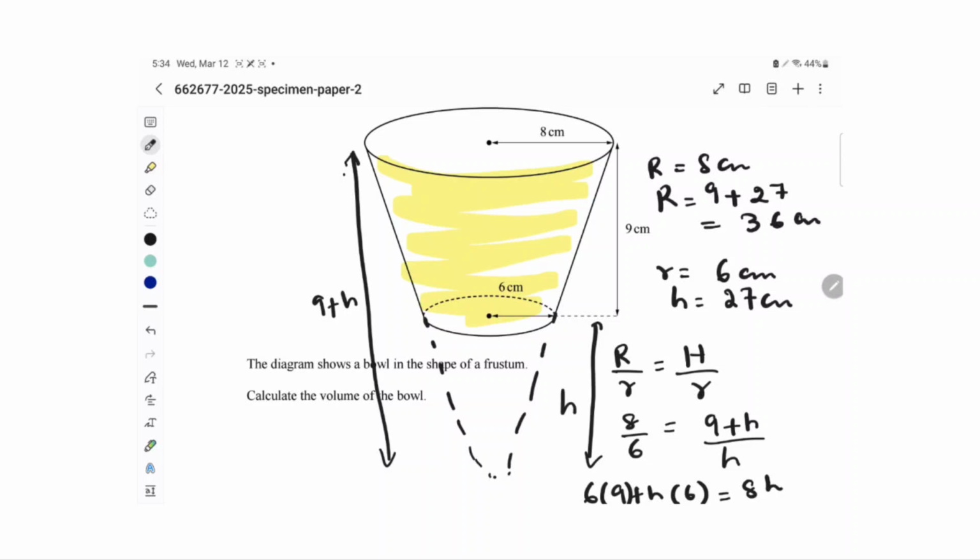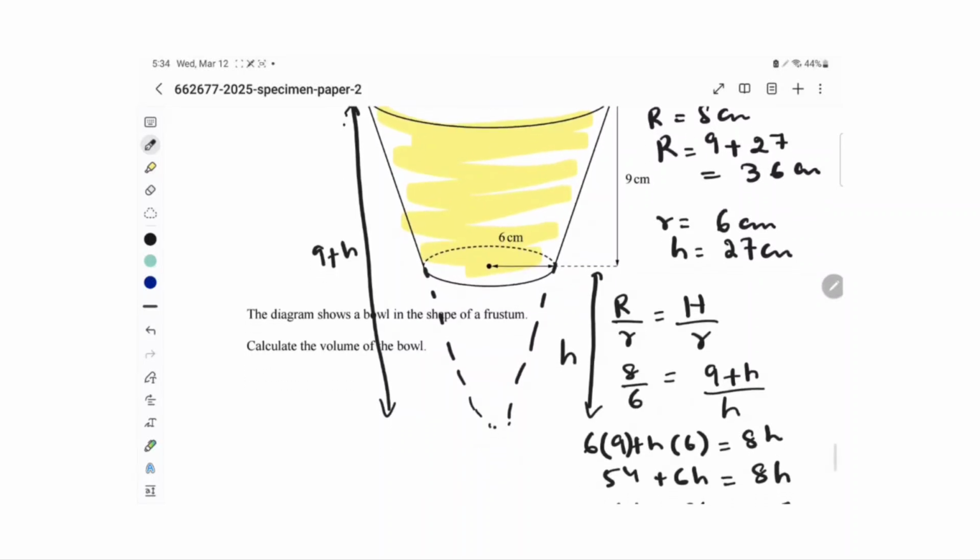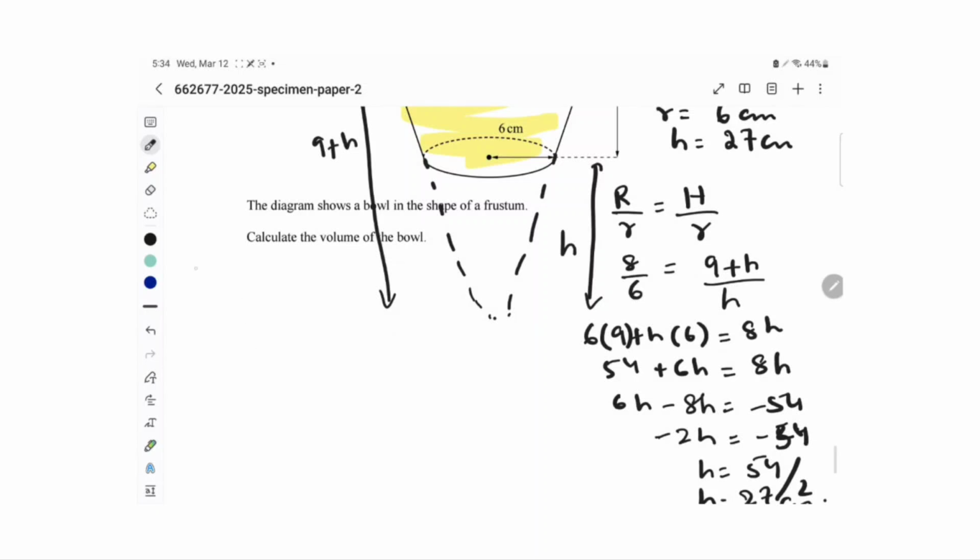So volume of the larger cone minus volume of the smaller cone.